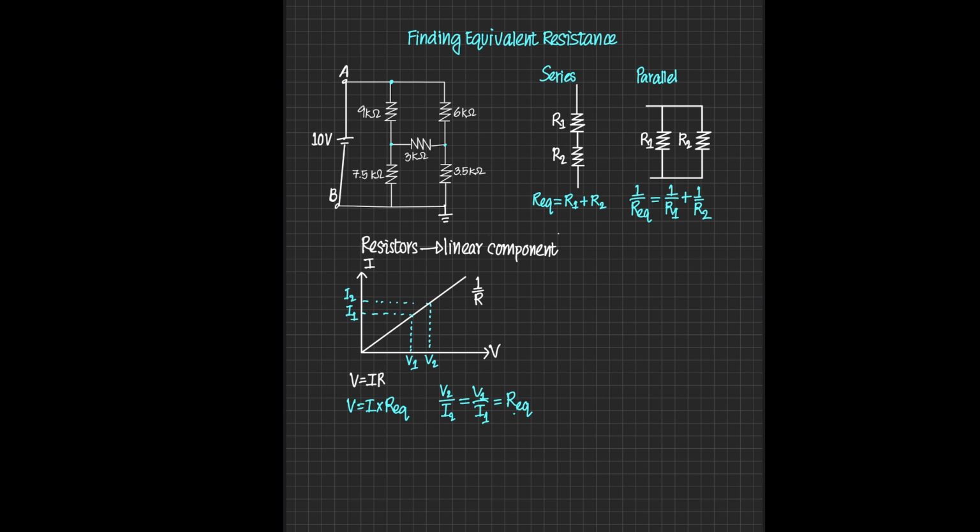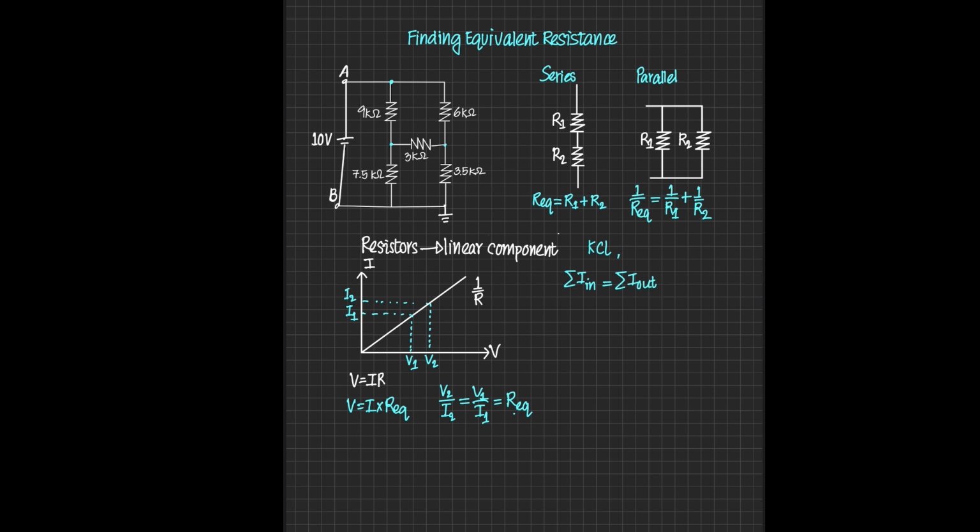So how to approach the problem? First, according to Kirchhoff's current law, the KCL, the current going into a junction is equal to the current going out of the junction.